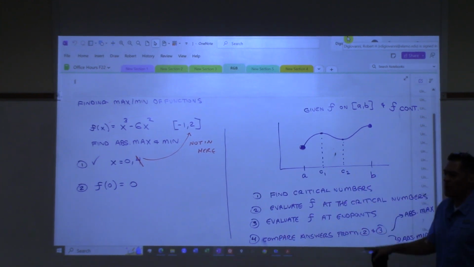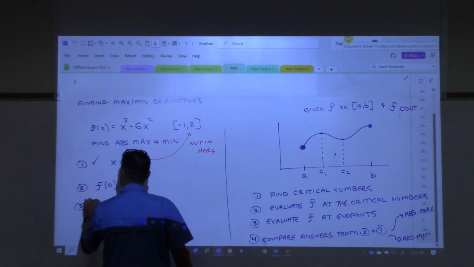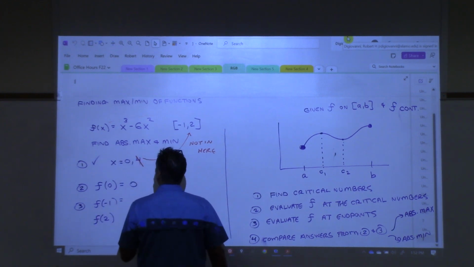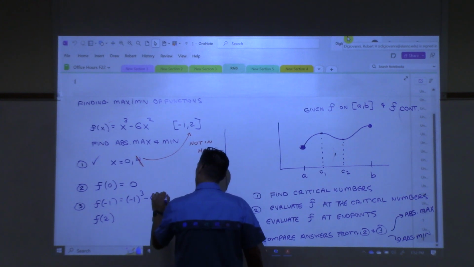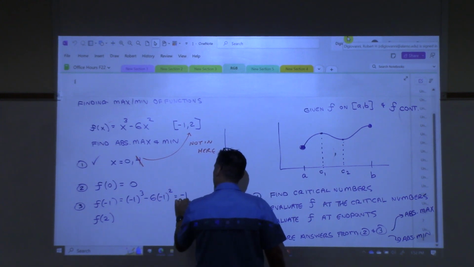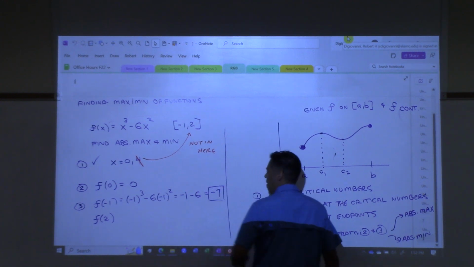Step 3, evaluate at the endpoints. So now I'm going to plug -1 into this function, and I'm going to plug 2 into this function. -1 cubed minus 6 times -1 squared. That should give me -1 minus 6. I get -7.